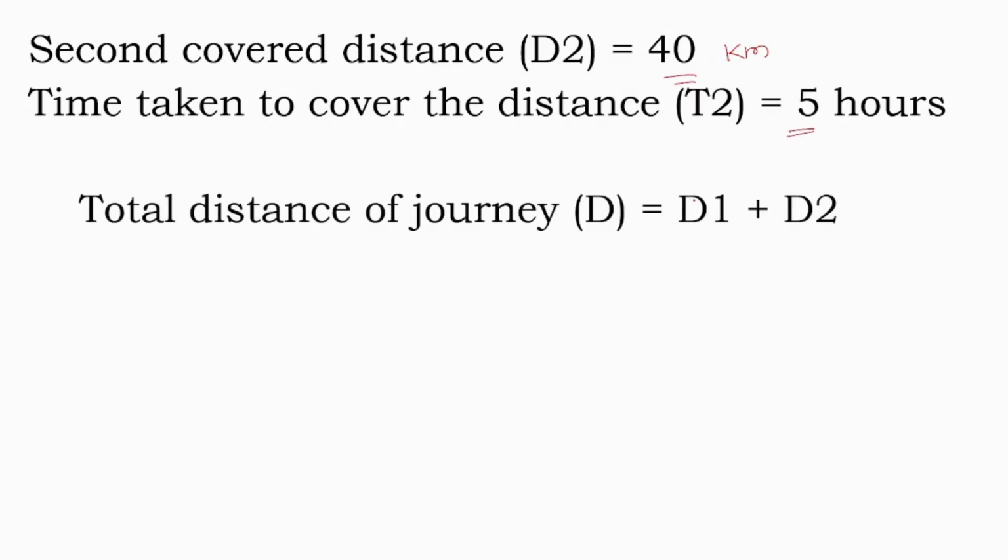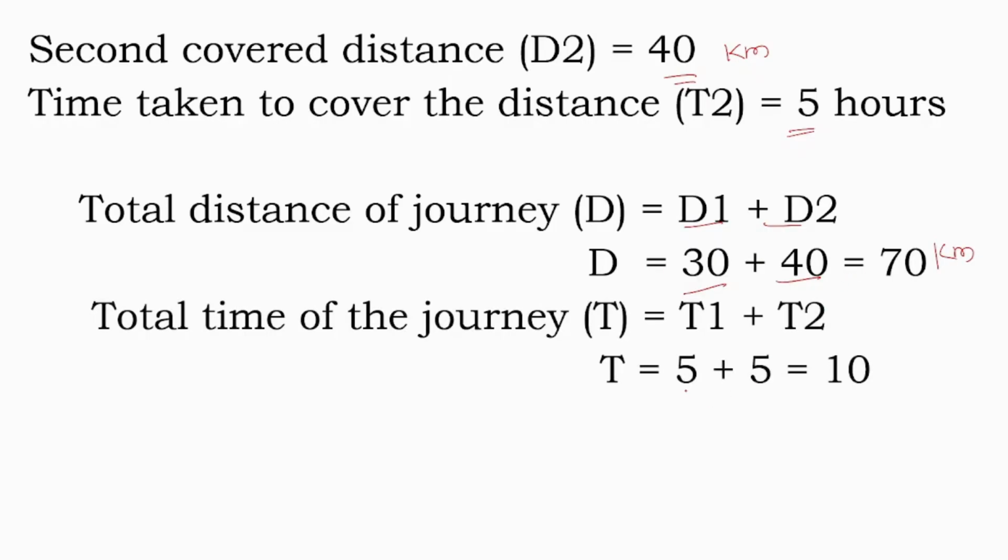For the total journey, the distance is d equal to d1 plus d2. The first distance is 30 kilometers and the second distance is 40. So the total distance is 70 kilometers and the time taken is t1 plus t2. So 5 hours plus 5 hours, 10 hours.